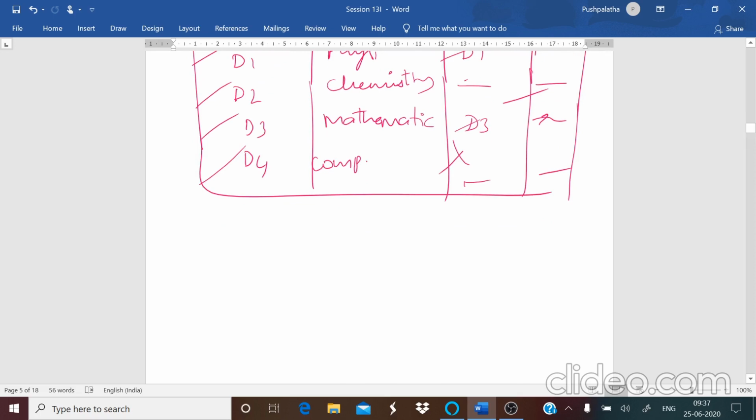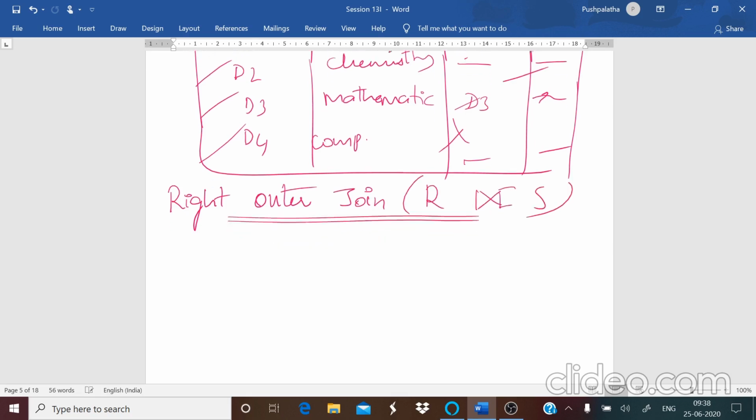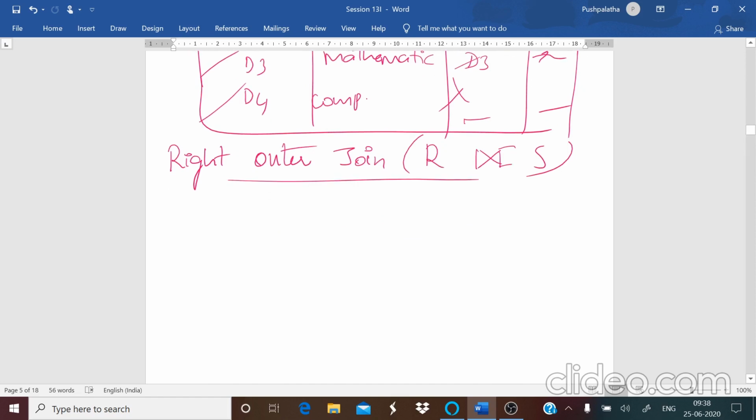And again in the right outer join, as we said, this is the symbol. So all the tuples of the right relation S are included in the resulting relation, and if there are any tuples in S which do not match a tuple in R, then the R attributes of the resulting relation are made null.